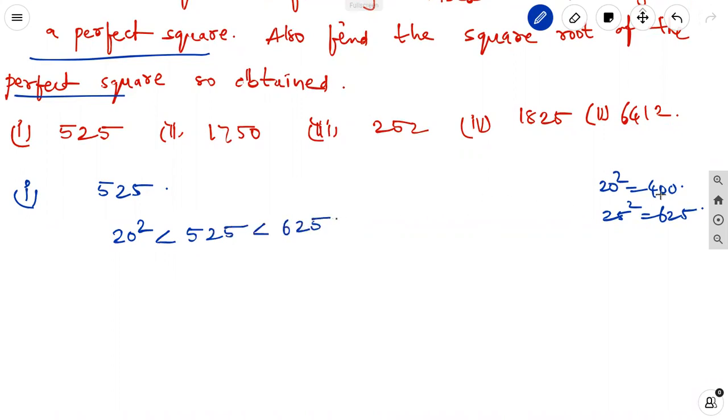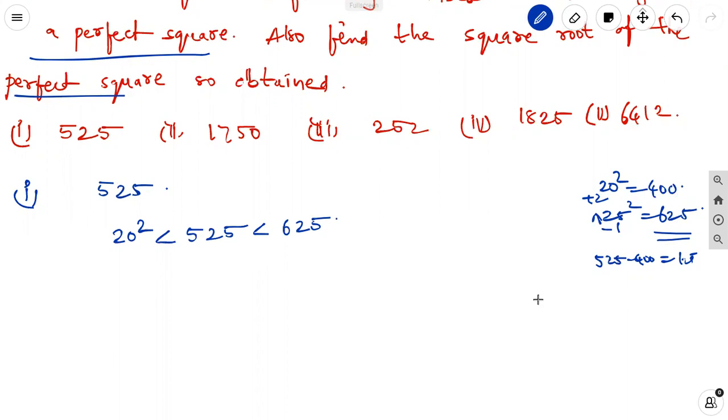Okay, let us check. 20 square means 400. 525 minus 400 is equal to 125. The difference here, 625 minus 525, is 100. Just check it.